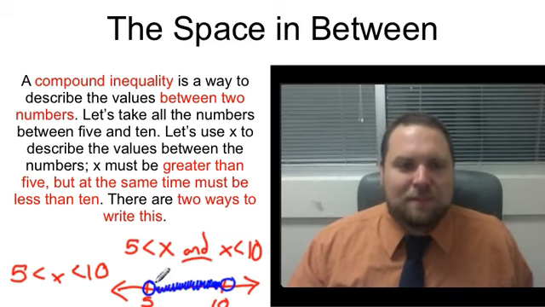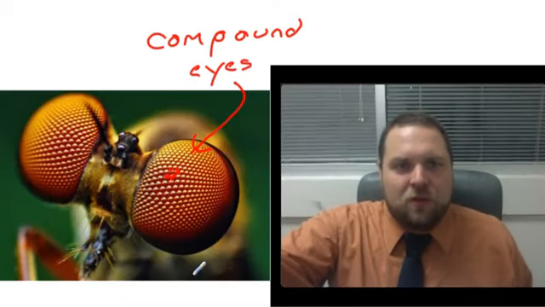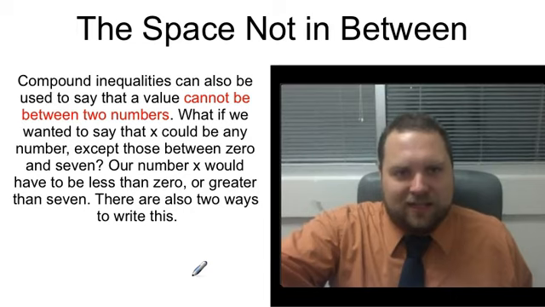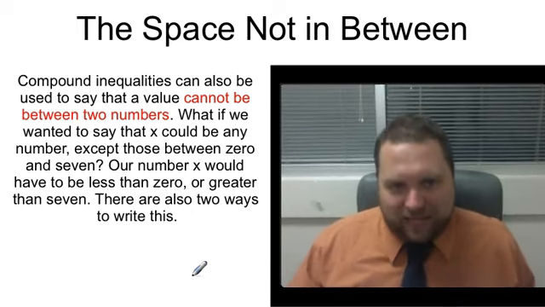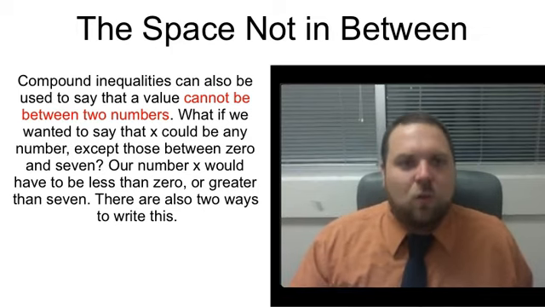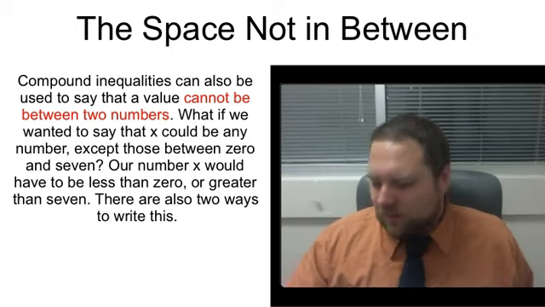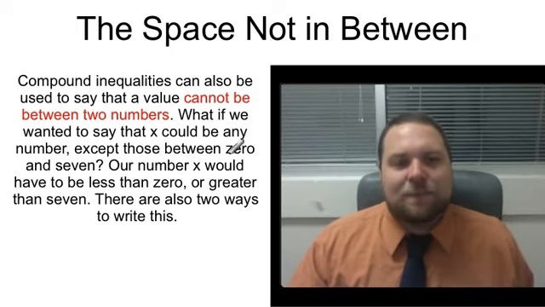Well, we can use a compound inequality to talk about that range of numbers, or we can use a compound inequality to say that that range of numbers cannot be x. So for instance, let's take a look at this one. What if we wanted all the numbers, all of them, every single one of them, except the numbers between 0 and 7?